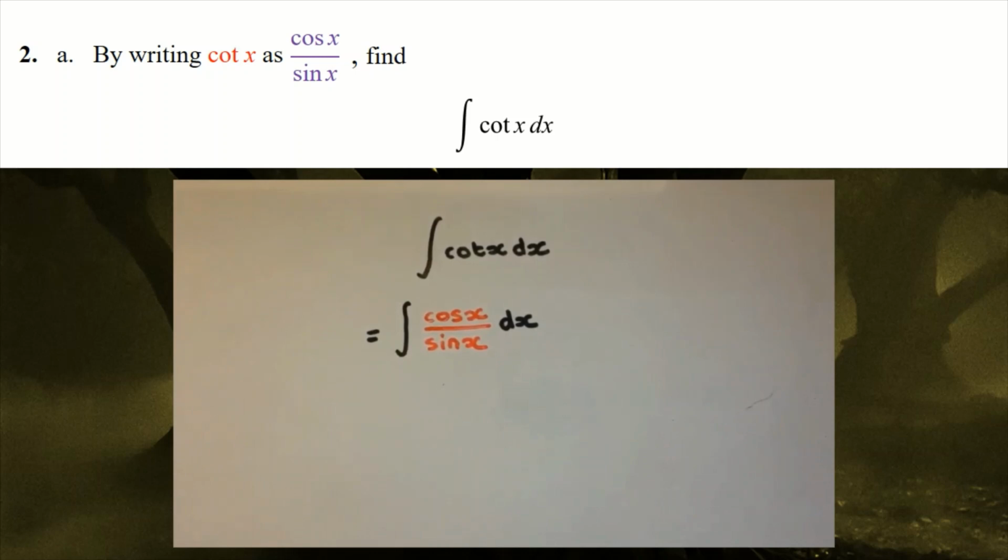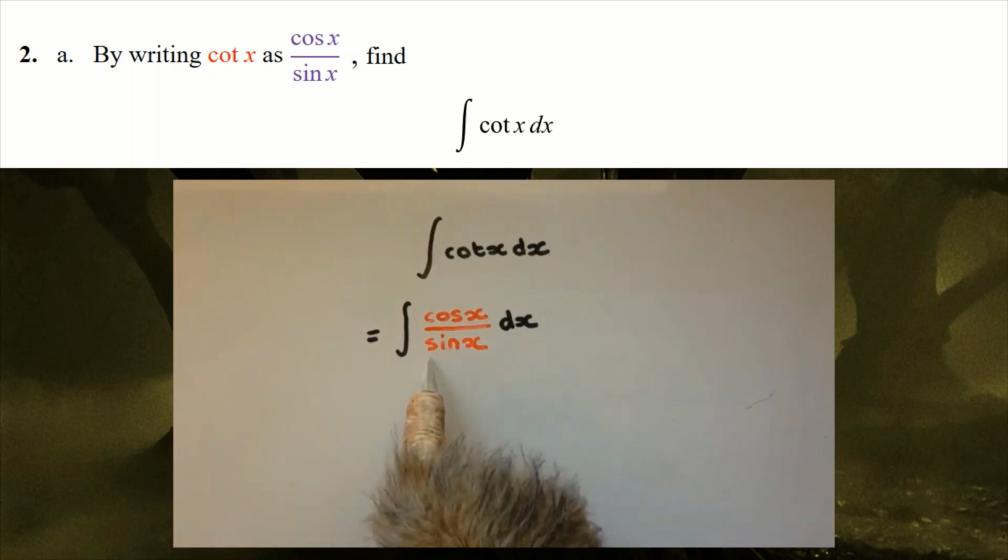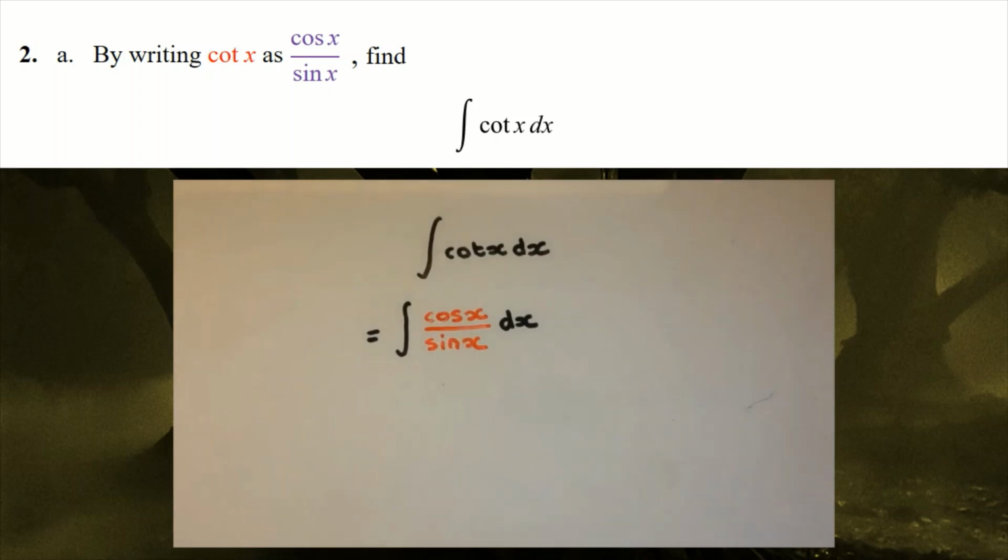We have a fraction, and remember, when you're integrating fractions, there are a series of questions to ask yourself. The first question is: is the numerator the derivative of the denominator? The answer is, of course, yes, because the derivative of sine is, of course, cos. This means I can write down the answer, so you don't need a lot of space here.